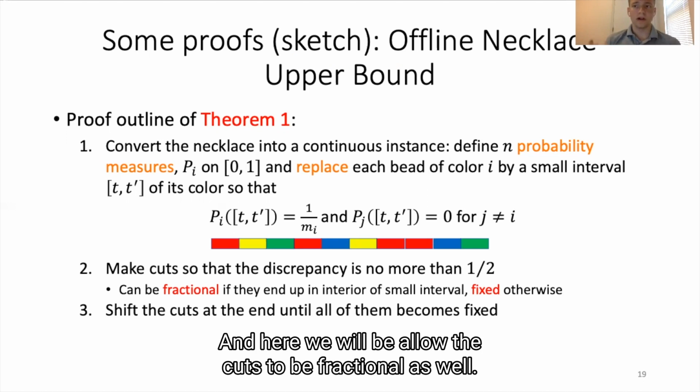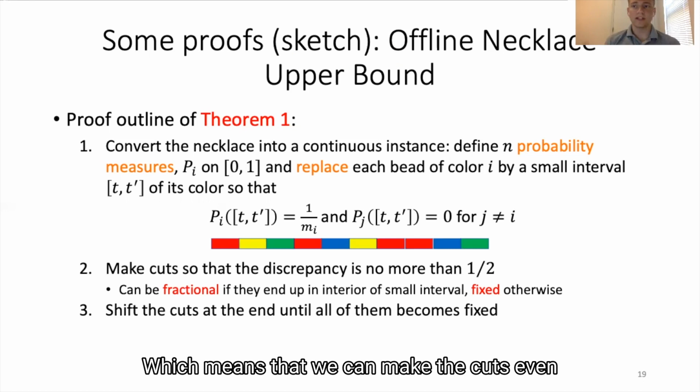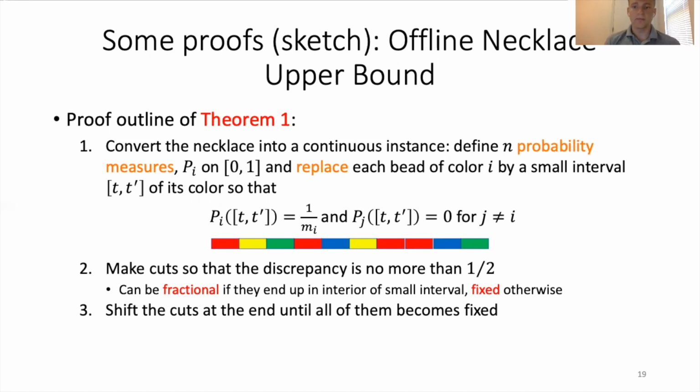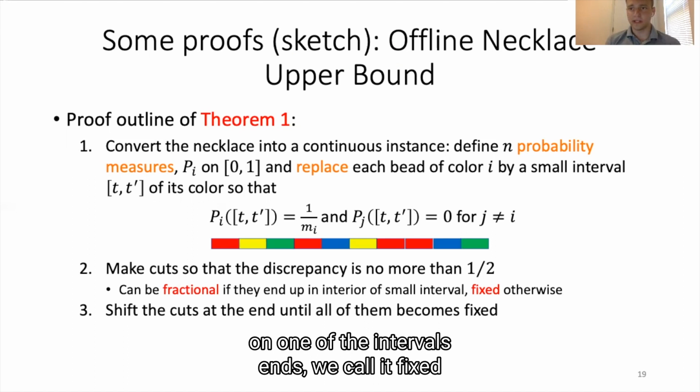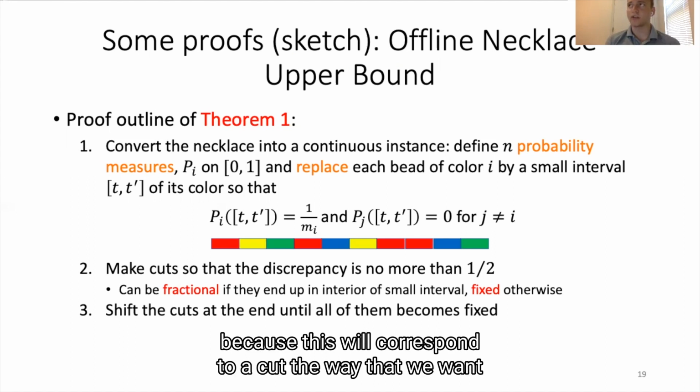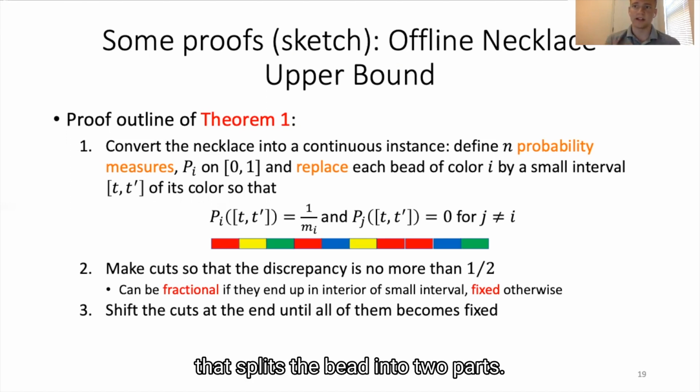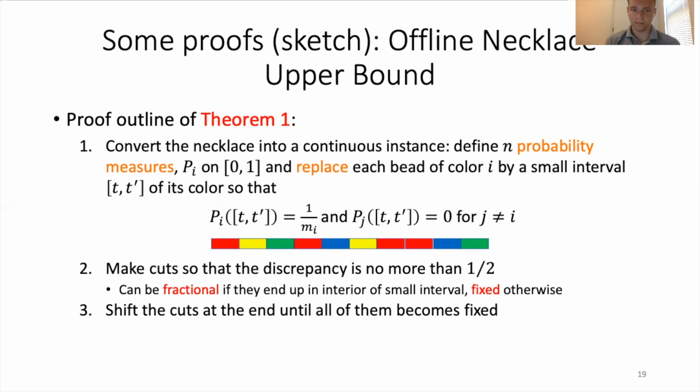And here we will be allowed the cuts to be fractional as well, which means that we can make the cuts even in the interior of one of those small intervals created. And if the cut is actually made on one of the interval's ends, we call it fixed, because this would correspond to a cut the way that we want to cut on the necklace. So a cut between two consecutive beads, not a cut that splits the bead into two parts.